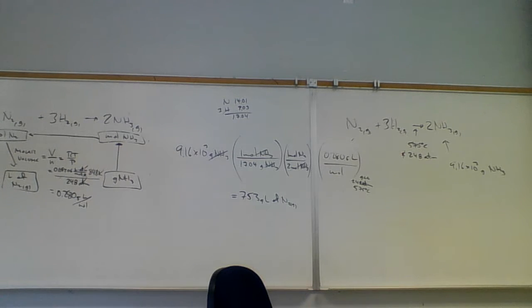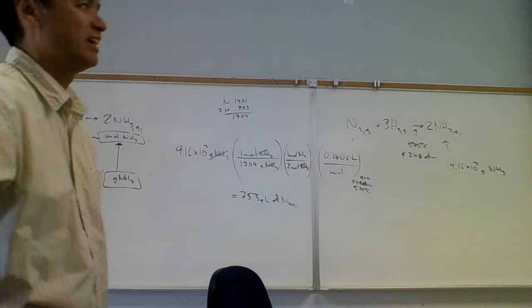Assuming I didn't make any calculator errors, that should be okay. The setup is fine. Okay, any questions on this problem here? All right, let's take a look at number 39 next.